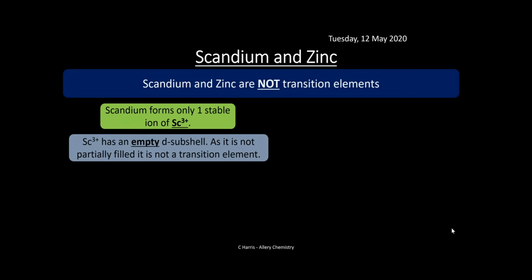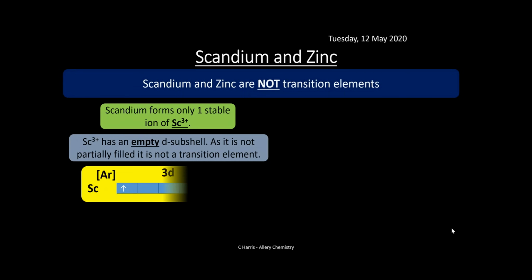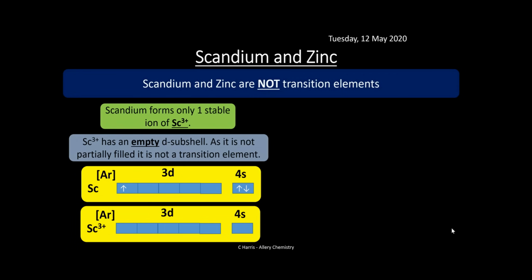So because it's not partially filled, it's not classed as a transition element. It's a d block element, but it's not a transition element. You can see here the electron configuration of scandium as an element, but when we take the 3 electrons away, it doesn't have any electrons left in the shell. So because it's not partially filled, it's not a transition element.